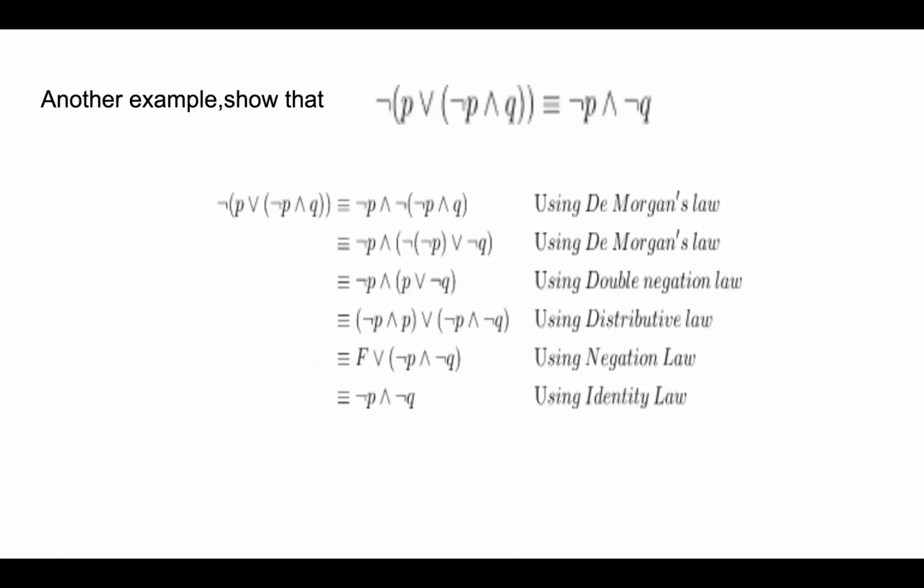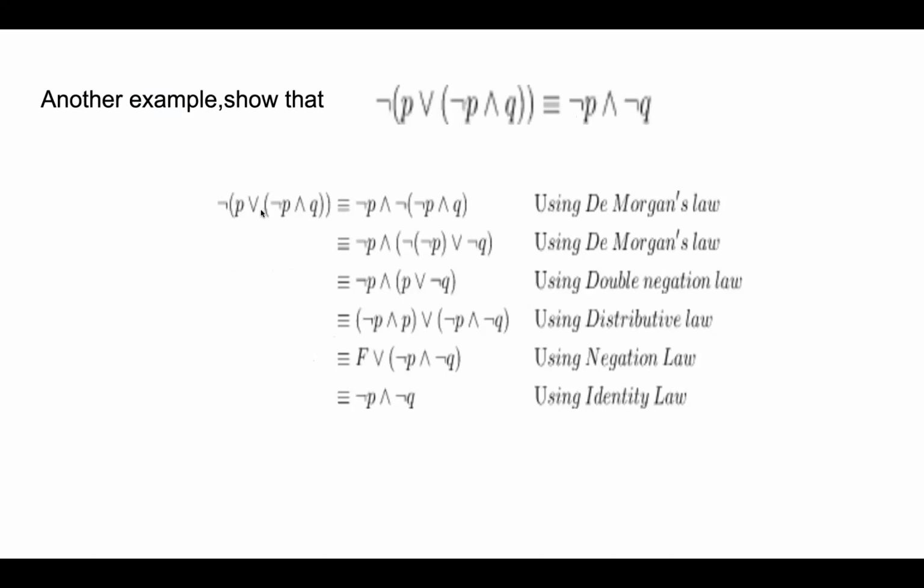Then another example we can see is negation of P or negation P and Q is equivalent to negation P and negation Q. We'll see one by one here. Here what we used is De Morgan's law.